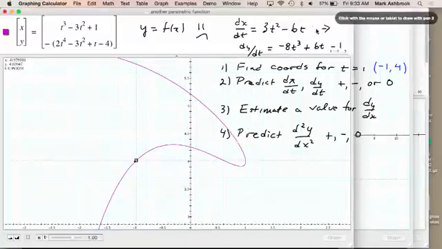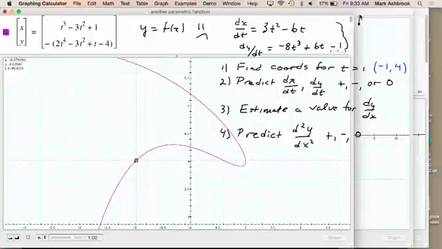Now, before we do that, I'm going to show you that we can simply get dy dx by taking dy dt divided by dx dt. The math works out, right? The dt's go away.